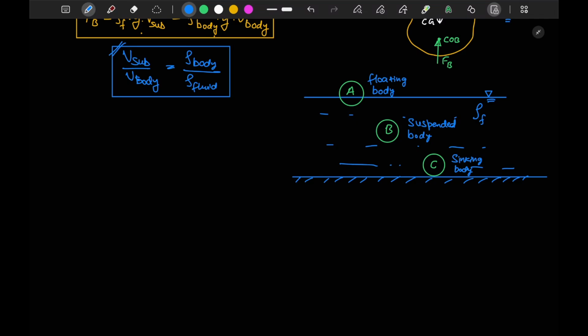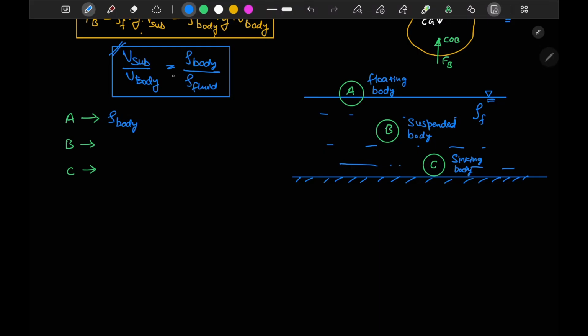So from here I will write for all three cases, for A, for B, and for C. In case of A, V submerged upon V body: V body is complete and V submerged is only this part, so this is less than 1.